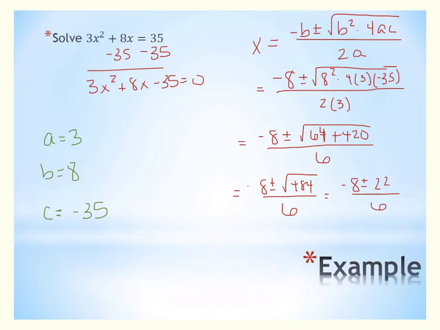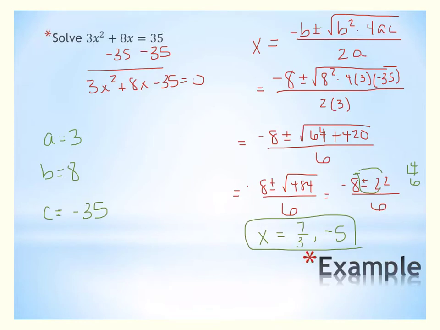Now there are two answers here, so you need to go one step further. So we're going to do x equals. So you're going to do negative 8 plus 22, which is 14, and 14 divided by 6, so you can get 14 over 6, which is going to be 7/3, and then you're going to do negative 8 minus 22, which is going to be negative 30, and you're going to divide that by 6, and you get negative 5.